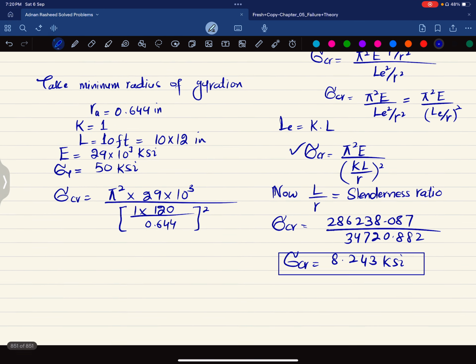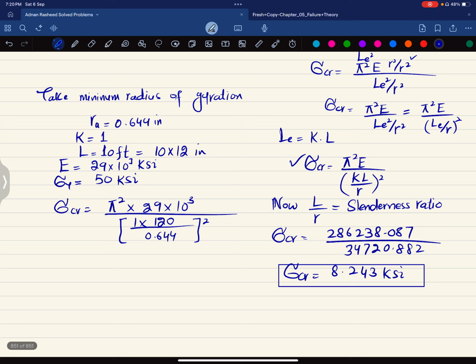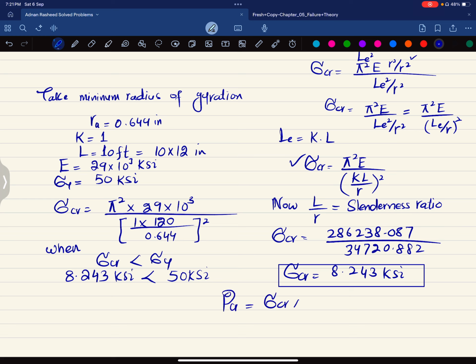Also, the Euler formula is valid when critical stress is less than yield stress. Critical stress is 8.243 ksi, and that is less than the yield stress of 50 ksi. So it means we can find the maximum load, and critical load will be equal to critical stress multiplied by the area.